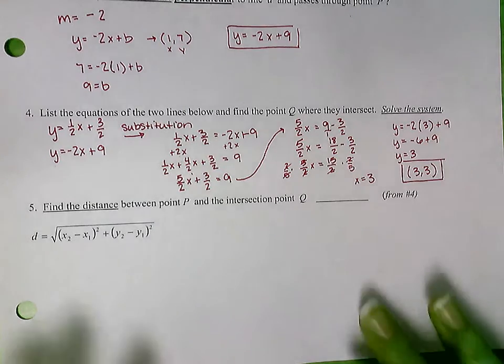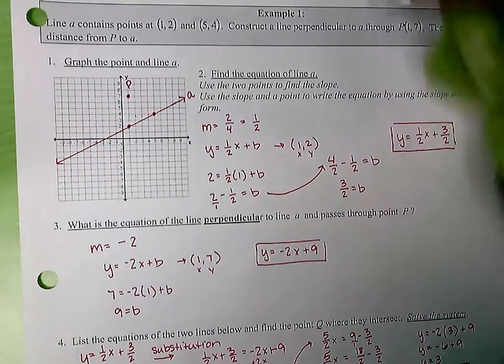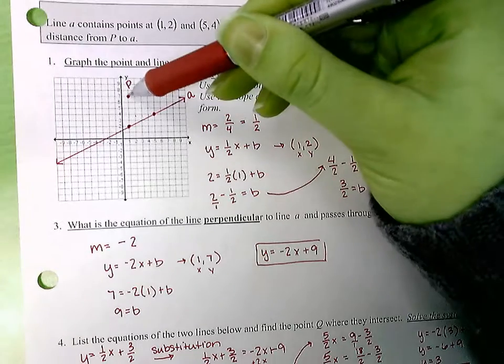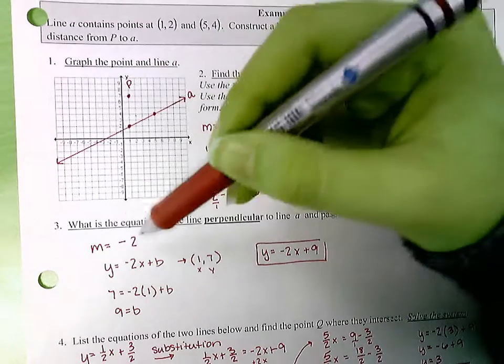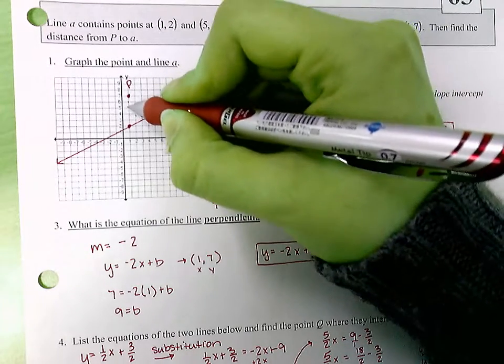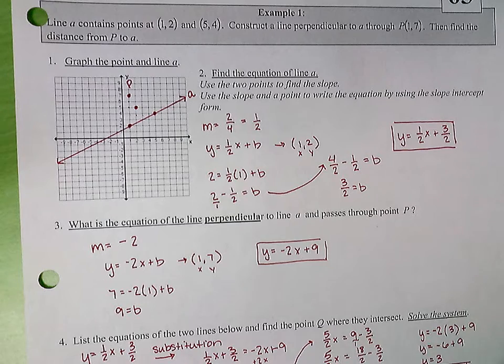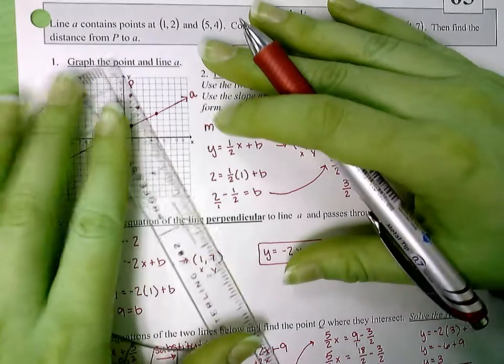Okay, so up in your picture, I know I have point P here. If I were to use my slope of my line perpendicular, I would go down 2 and right 1 and make that point. And I could connect those.